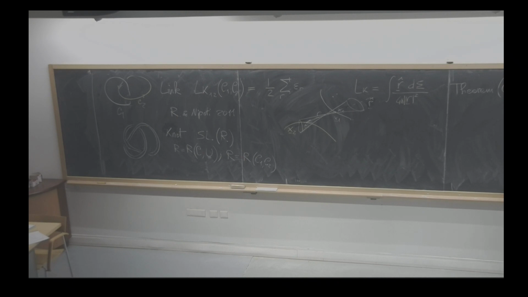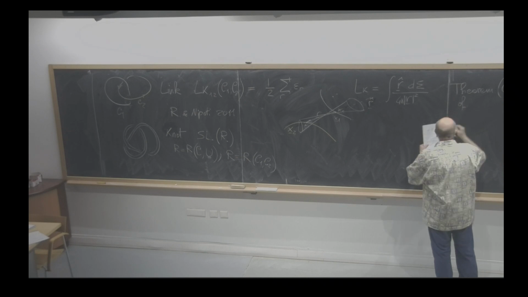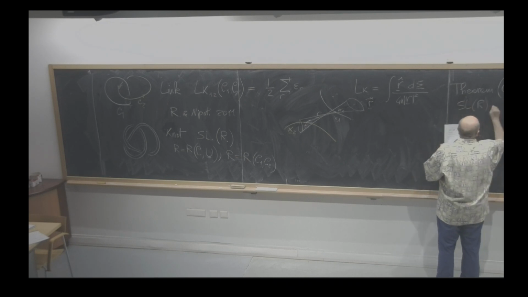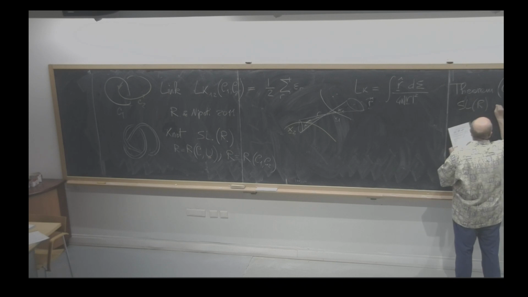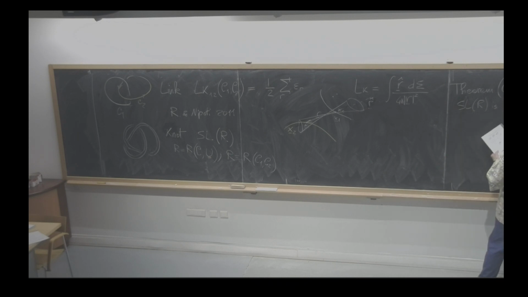So this is Calugareanu-White, and it says that the self-linking number, let's say SL of R, is a topological invariant.